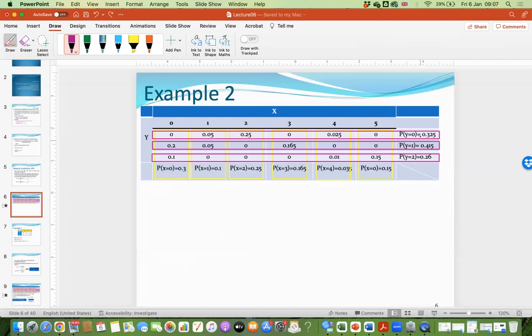So the fixed one is Y, the changing one is X. In this case, this part is the marginal Y. You can find marginal Y here, and you can find the marginal X over here. Remember, when I say I want to find marginal X, it means your X is fixed, your Y is changing, and you're finding the total of it, all right?